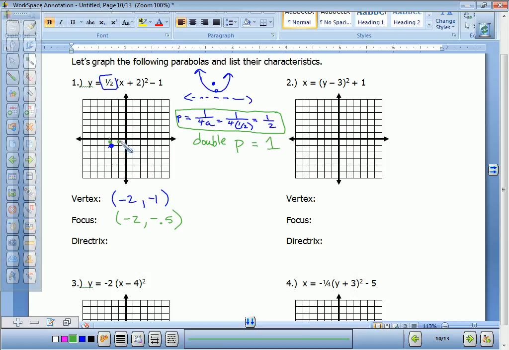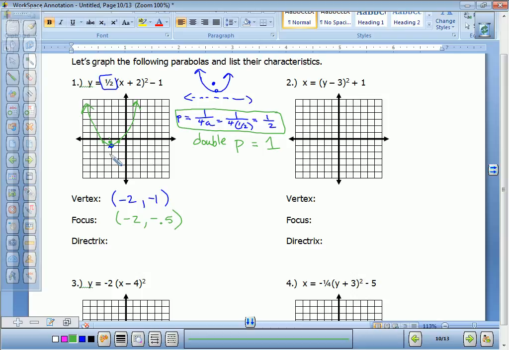If we go over 1 this way and over 1 that way, that'll give us 2 points on our parabola, and we can sketch it. If you double P and you go that distance in either direction from the focus, it gives you 2 more points on the parabola, and you can sketch it.